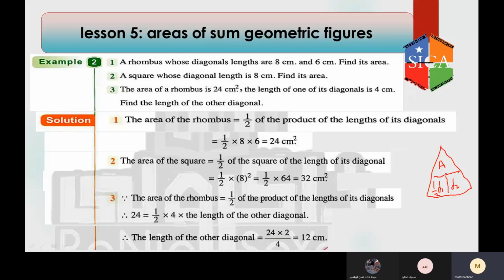If you ask me to find the area, we get half times D1 times D2. If you ask me to find D2, it will equal the area divided by half D1.